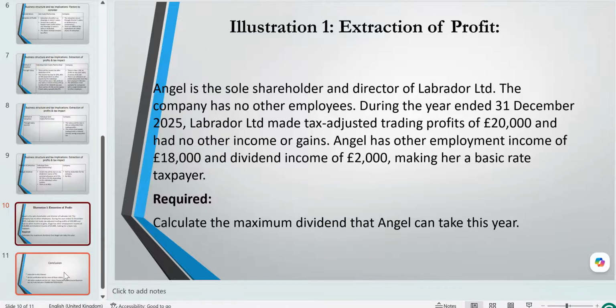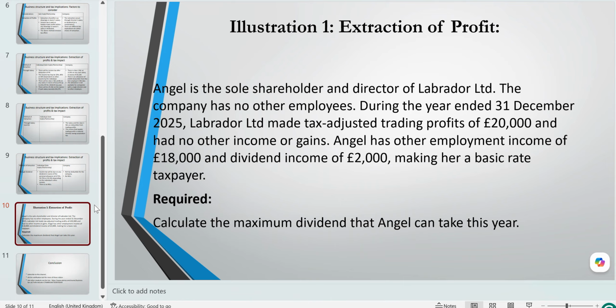During the year ended 31st December 2025, Labrador Limited made tax-adjusted trading profits of 20,000 and had no other income or gains. Angel has other employment income of 18,000 and dividend income of 2,000, making her a basic rate taxpayer.